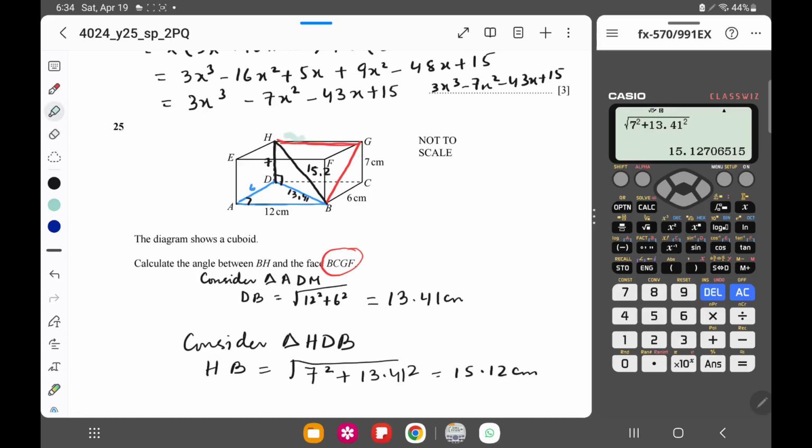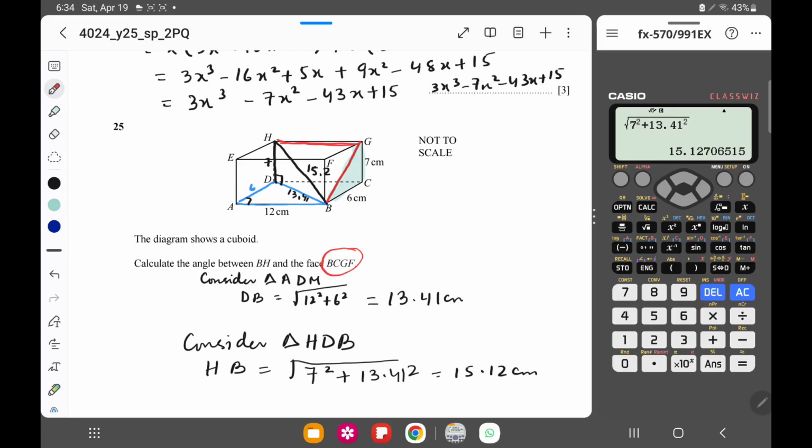We are considering this triangle. Here I got 15.12 and 9. We'll have to calculate this also before we go to this triangle. We still need one more point.